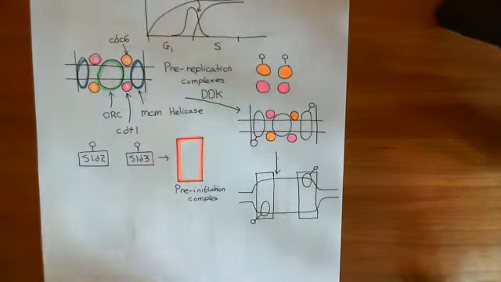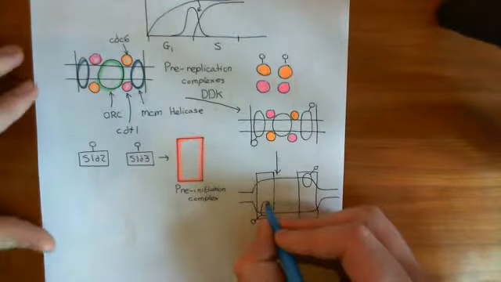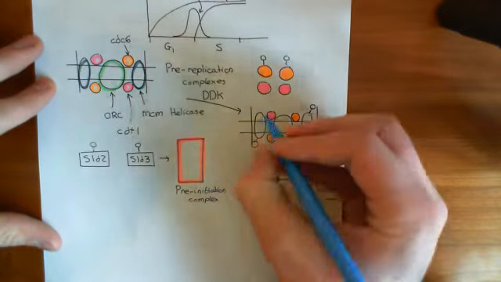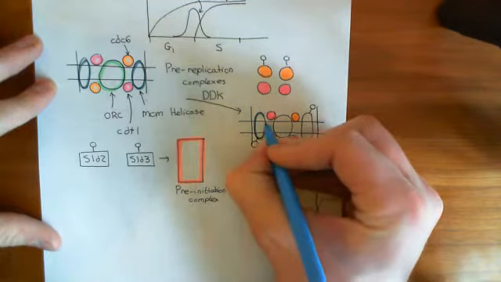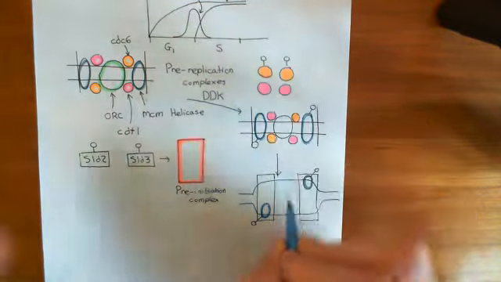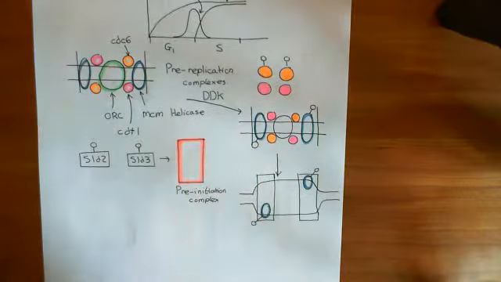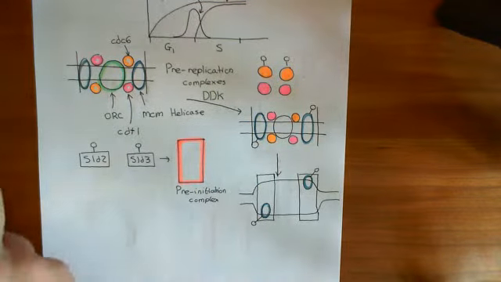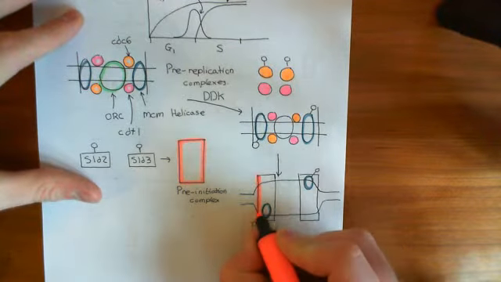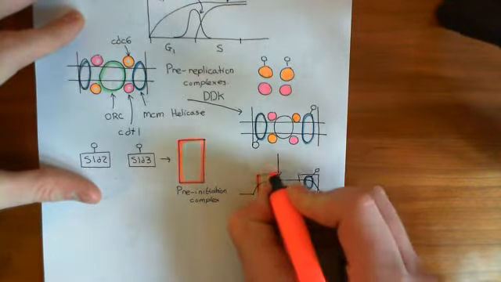Okay, right, so let me colour those in. So here are our MCM helicase enzymes, here, and I'll colour them in here as well. Right, so they're now attached to different strands, and you've got these huge, great pre-initiation complexes bound and holding your DNA apart, basically, like so.